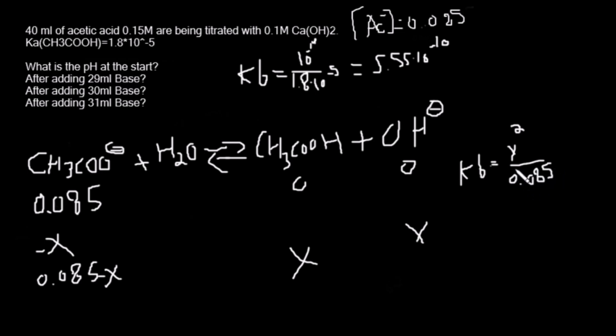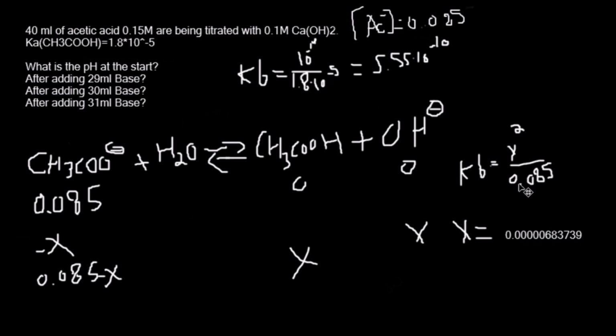I'm not going to do it again, but if you solve for x, which is the concentration of OH minus, you multiply 0.085 times the Kb, and you're going to get this very small number.